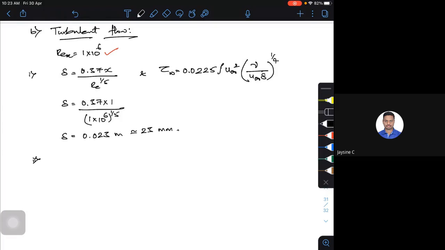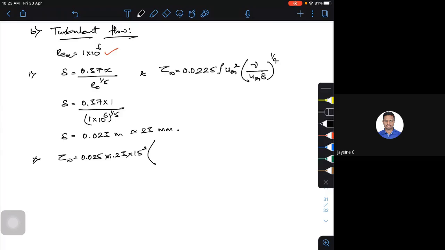For the wall shear stress, we use that formula: 0.025 into rho, which is 1.23, u infinity is 15 square.